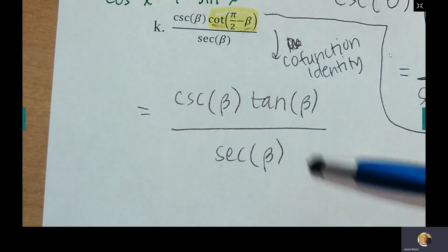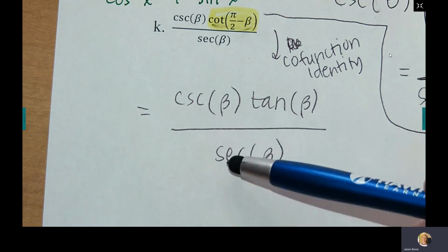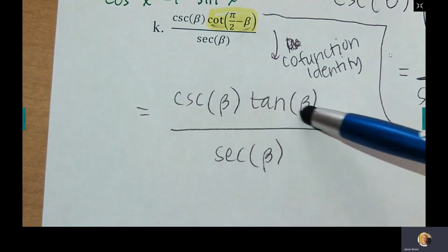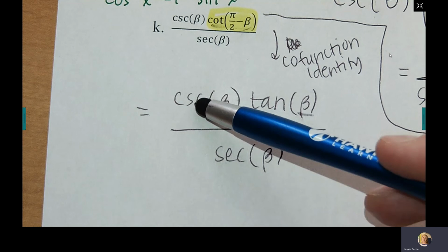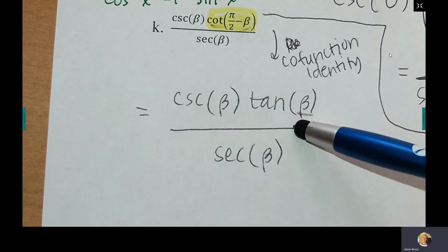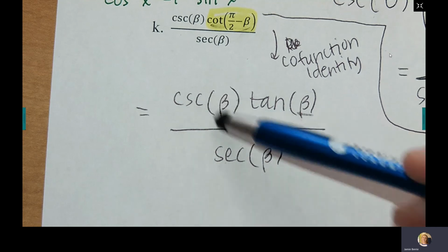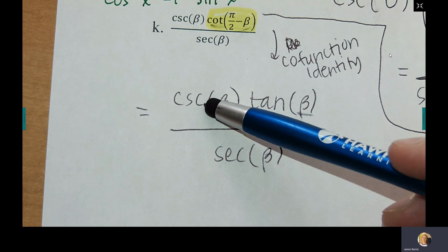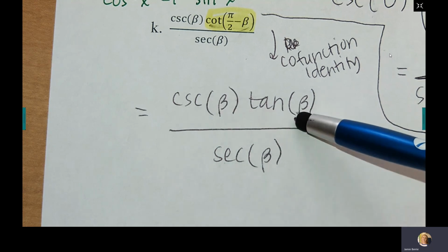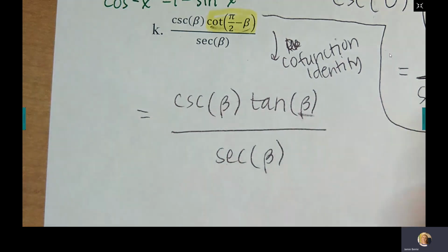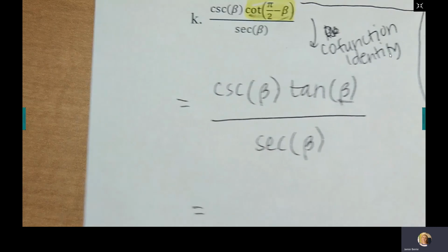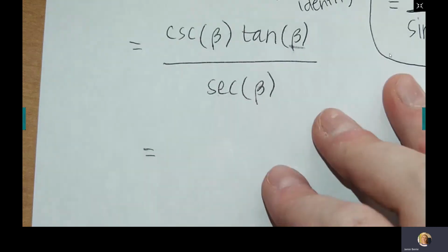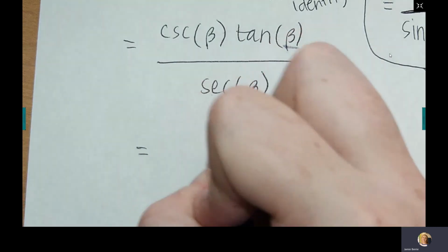All right. Ignore the denominator for right now. Let's just focus on simplifying the numerator. Cosecant and tangent. We could change cosecant to 1 over sine, and we could change tangent to sine over cosine. You're always trying to think of ways that you could relate the trig functions.